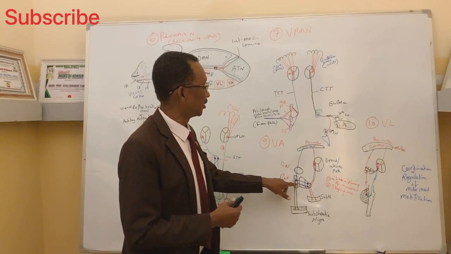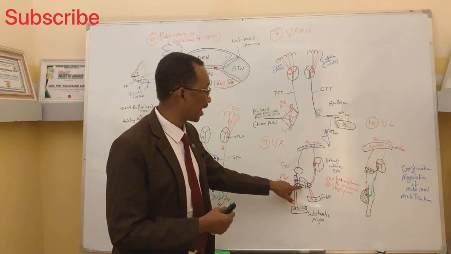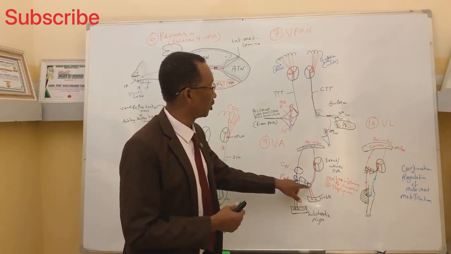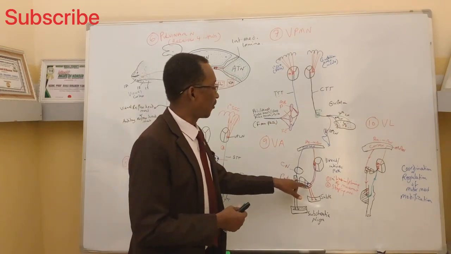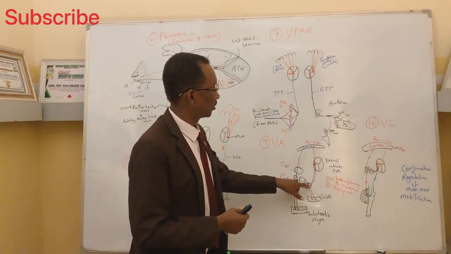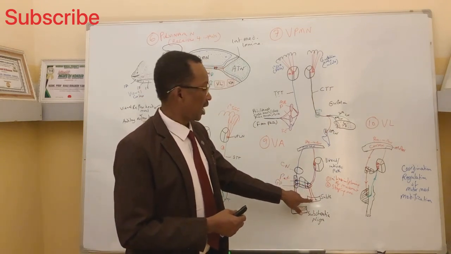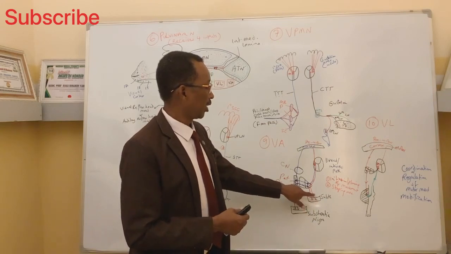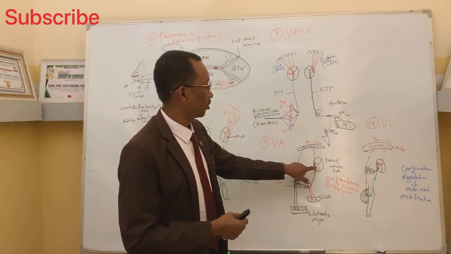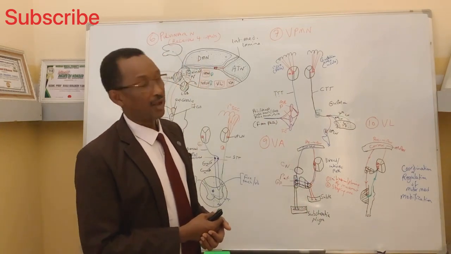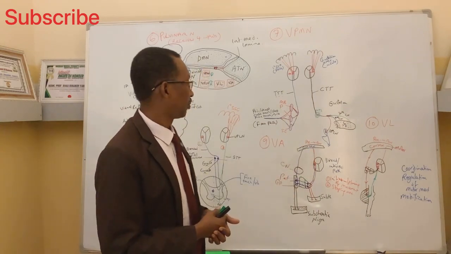The second order neuron from this putamen goes into the globus pallidus externa, and then from there, a third order neuron goes into the globus pallidus interna, and from the globus pallidus interna, the fourth order neuron now reaches the subthalamic nucleus, and from there, the fifth order neuron now reaches the globus pallidus interna, and from there now the sixth order neuron now reaches the ventral anterior nucleus of the thalamus before it finally now reaches the motor cortex.